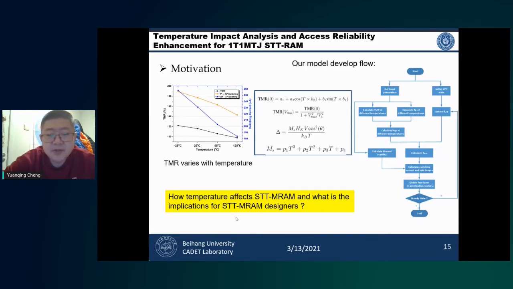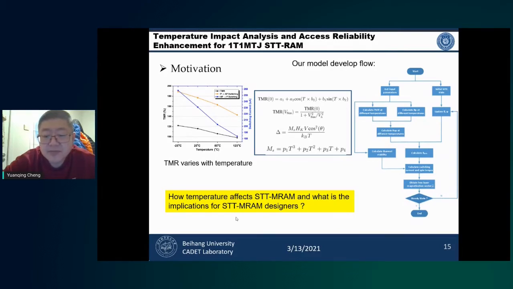So we used some formulas to characterize the thermal effect and embed it in the device model. As shown in the right figure, we can use this model to calculate the different TMRs at different temperatures.